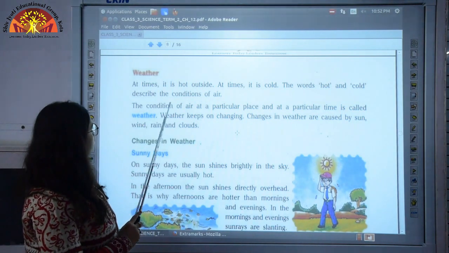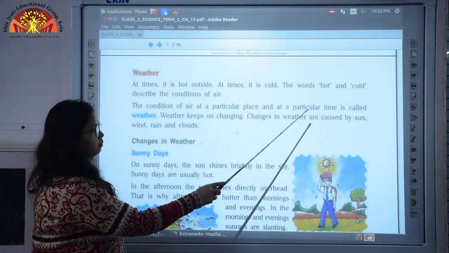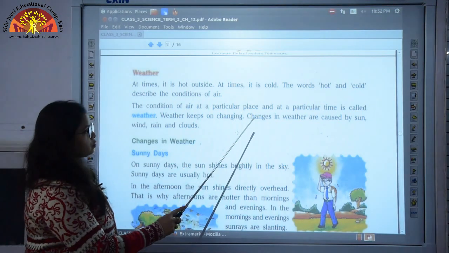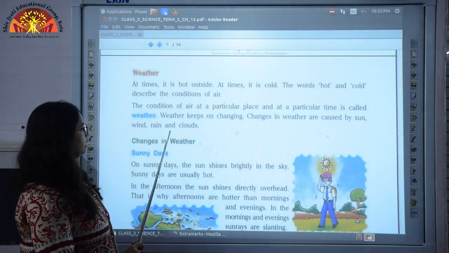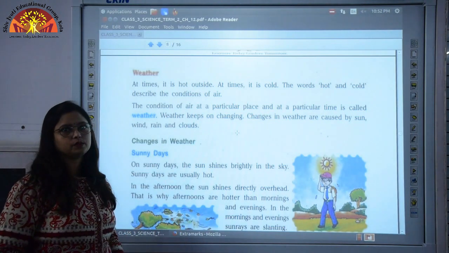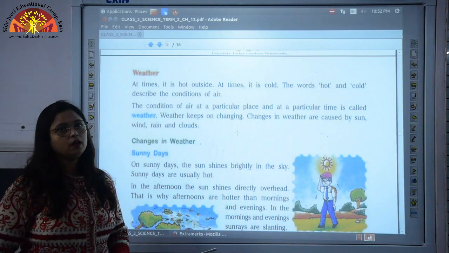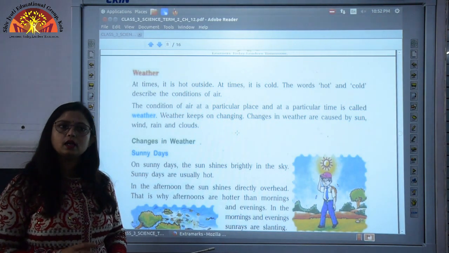The condition of air at a particular place and at a particular time is called weather. Weather keeps on changing. Changes in weather are caused by sun, wind, rain and clouds. That's why sometimes it is windy, sometimes it's cloudy, sometimes it's rainy, and sometimes it is very hot. These changes are called weather.